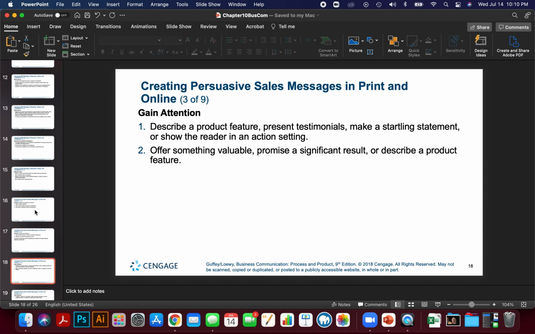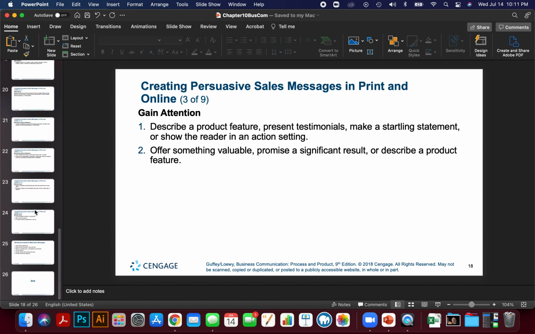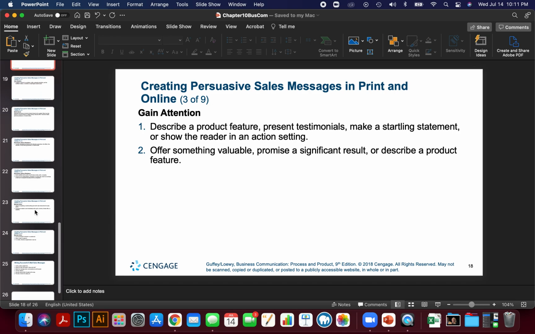Gain attention. Describe the product or feature and present testimonials, reviews. Show the reader an action setting of the product or the service. Offer something valuable like a significant result or a product feature or an intangible product feature.